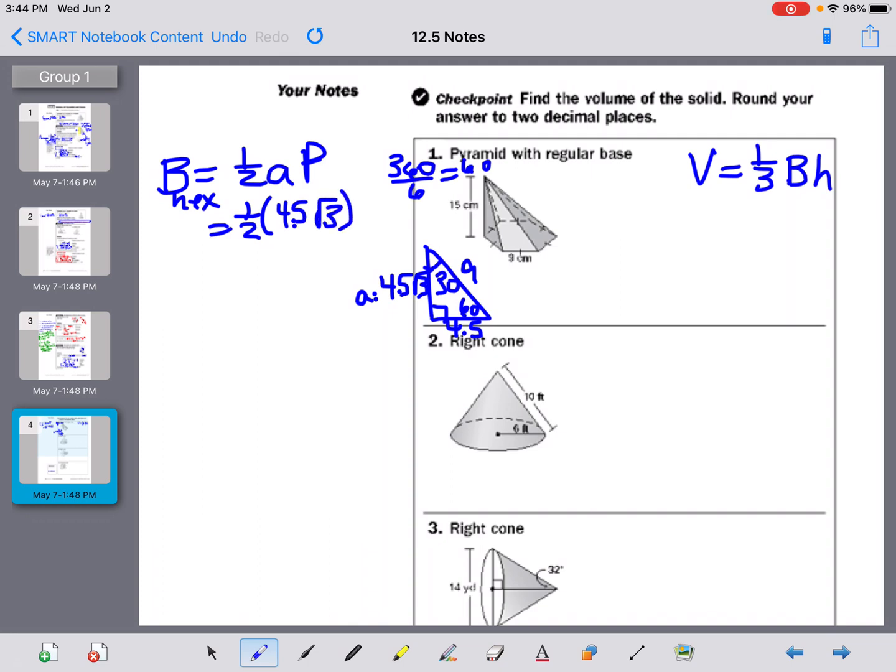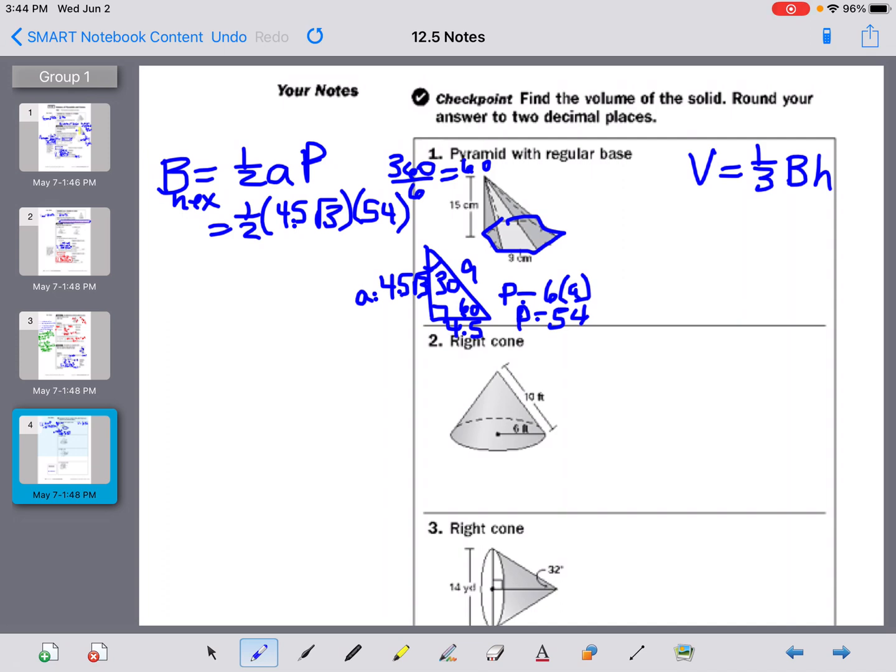And P is the perimeter, which is the entire base added together. There are 6 sides of 9, which will be 54. All right. So my perimeter there is 54. I am ready to multiply.